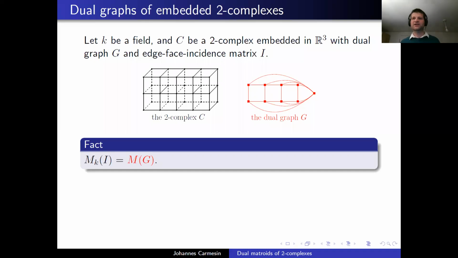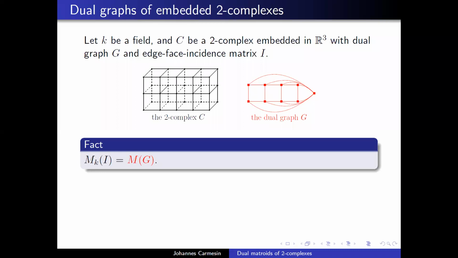The set of all those vectors generates your vector space, and you take the matroid whose circuit space is equal to that vector space. I denote this matroid by M_K of C. And the exciting fact is that this matroid is equal to the cycle matroid of the red graph.